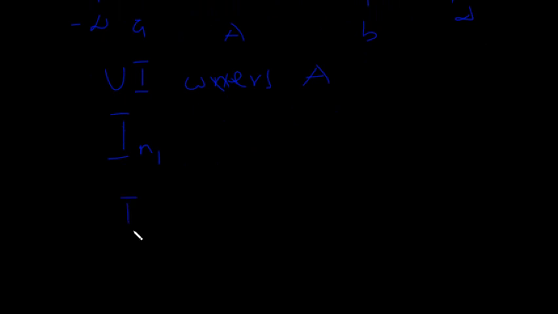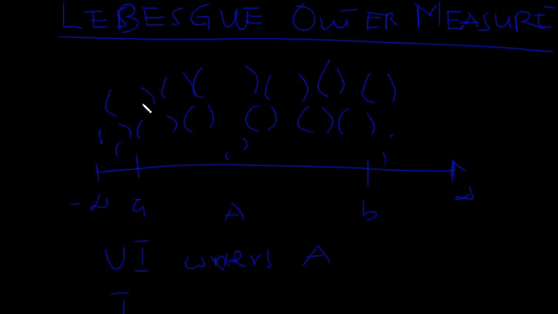Let's say I_1, then I_2, then maybe I_k, which is a different interval, and another interval I_m. So with this one I have so many intervals, 1, 2, 3, 4.